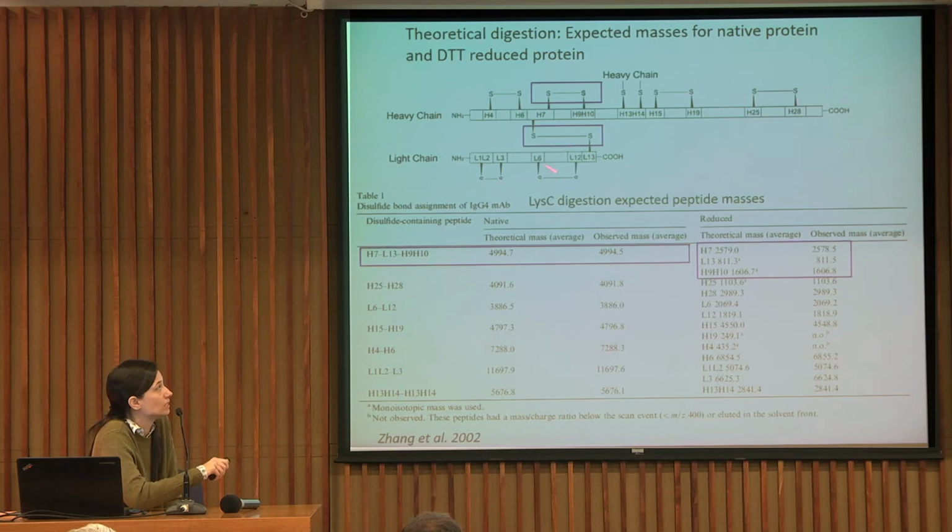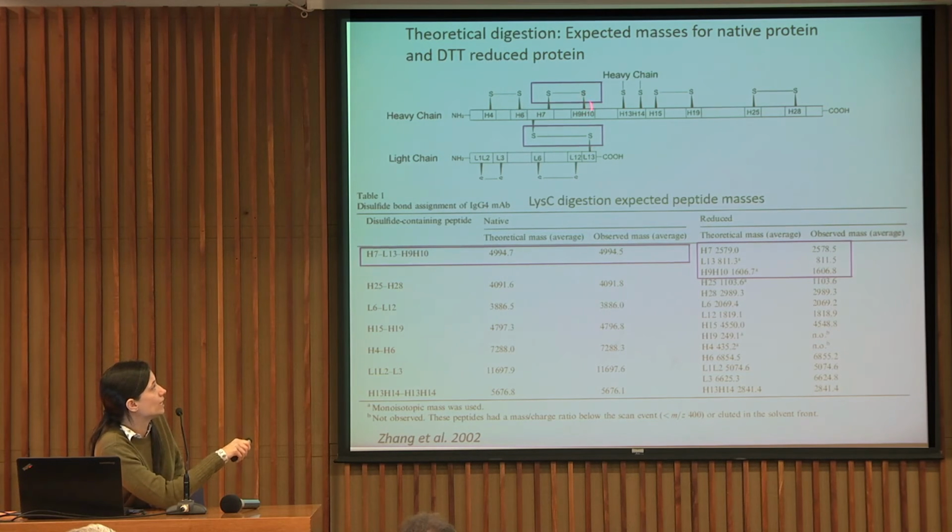This is a simplified schematic diagram of the antibody we saw on the previous slide. We have all the expected peptides that are generated with lysine, and all the disulfide bonds are shown. We can see, for example, in the case of this tripeptide over here, how they are bound by the disulfide bridges.